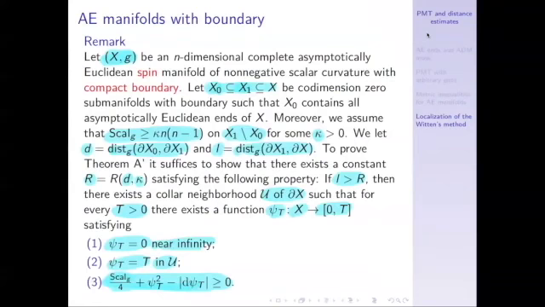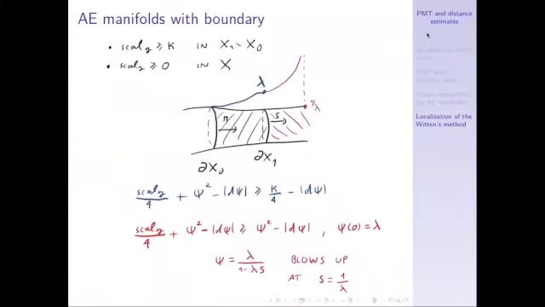So finally, I want to explain how to construct such a potential. Why does there exist a neighborhood with this property? All right, so here is a sketch. We start with the boundary of x0, the boundary of x1. This is our D. Remember that on x1 minus x0, so on this region over here, we have that the scalar curvature is greater or equal than a certain constant kappa.